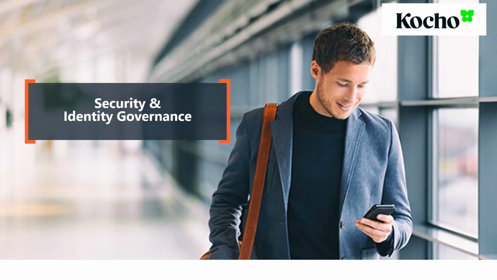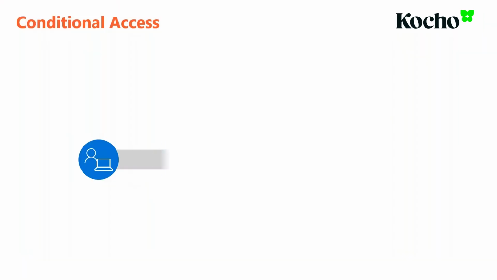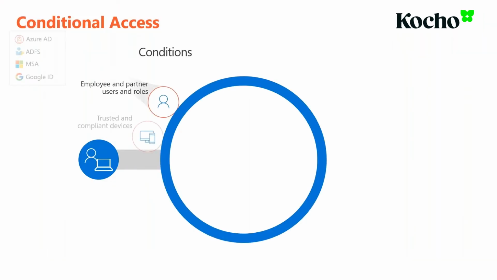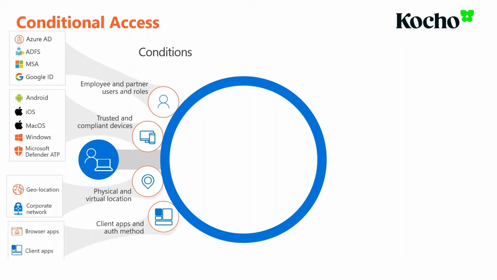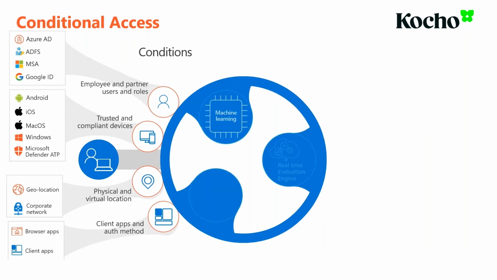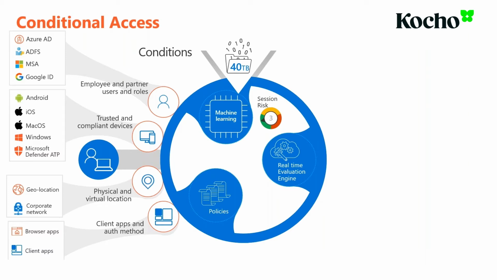So first of all, conditional access. That's not just for your employees, that can be used for all of your B2B guest users. So this is a way of understanding the threat level or understanding other factors such as whereabouts in the world the user is logging in, and then making a response to that threat level.